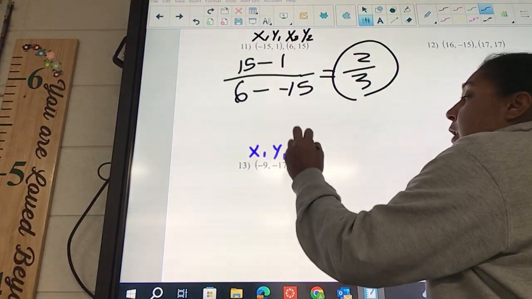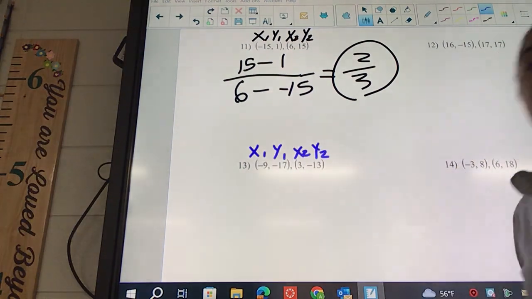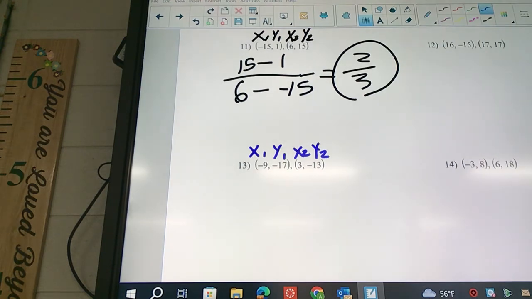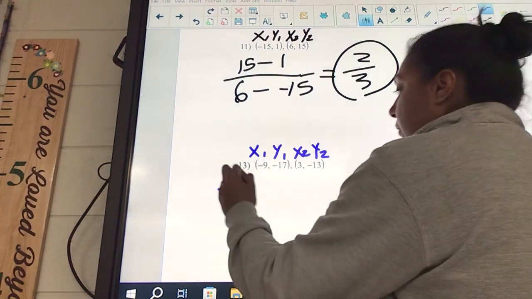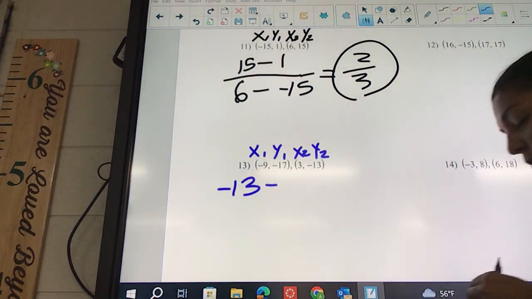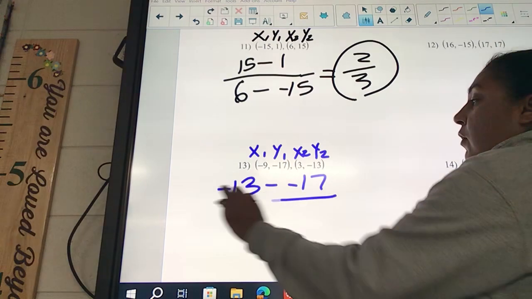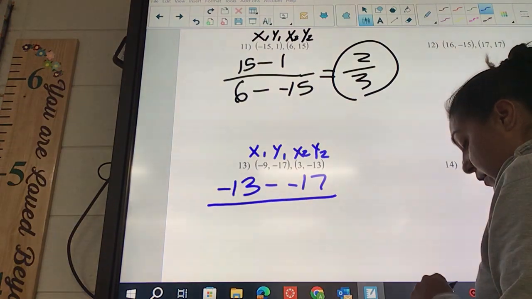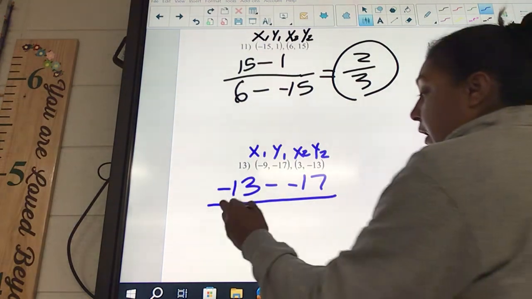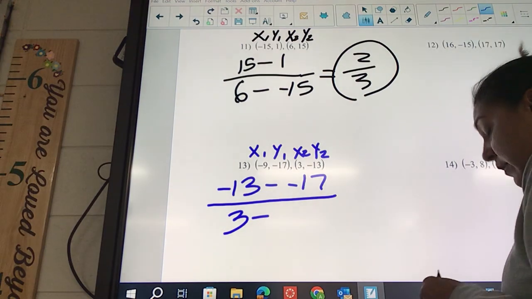So we're going to say x1, y1, x2, y2. Okay, so what is my y2? Negative 13 minus y1, negative 17, over x2, 3 minus x1, negative 9.